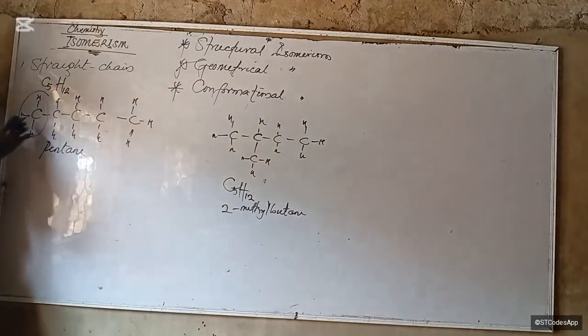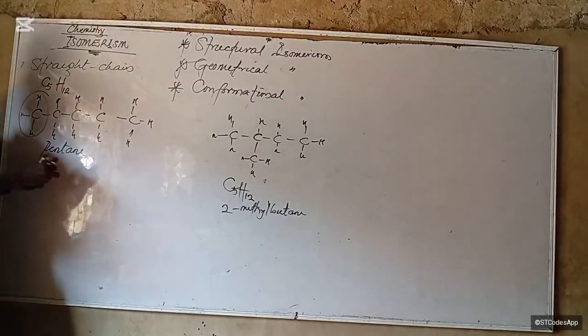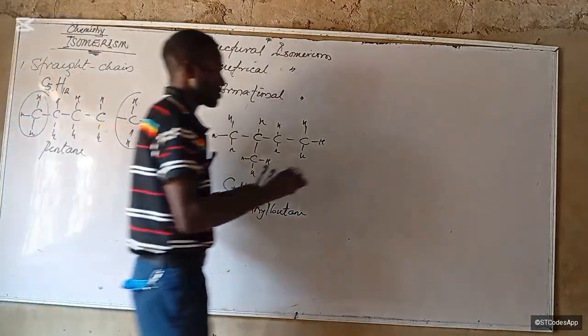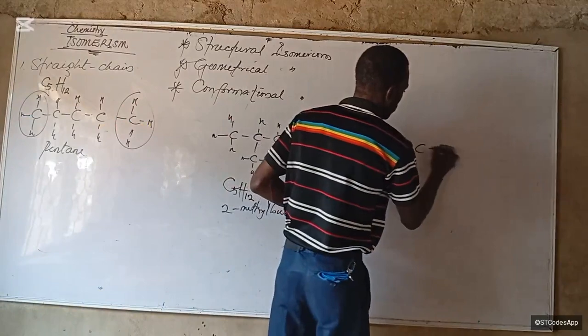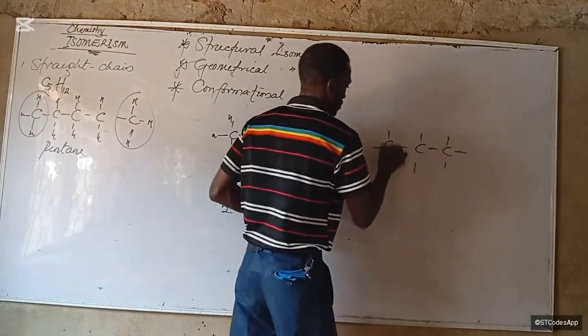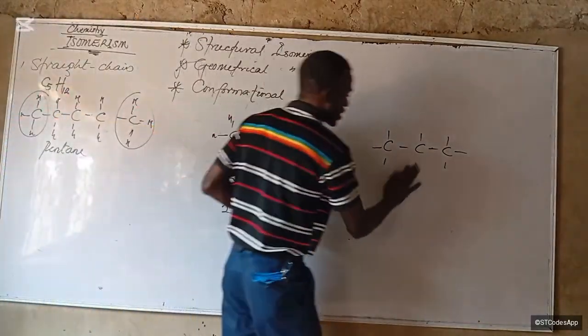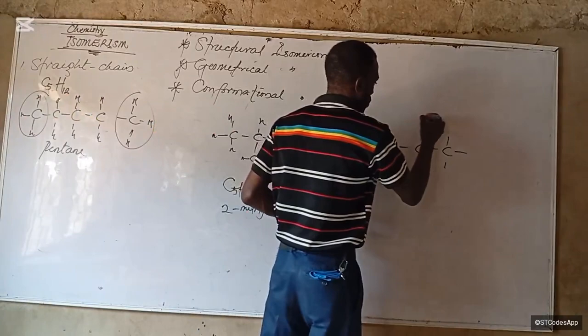Let's say it was not only this I abstracted. I abstracted the first and the last. When I abstract them, how many carbons do I have left? 1, 2, 3. Now I decide to put one here, and I put my second one here.